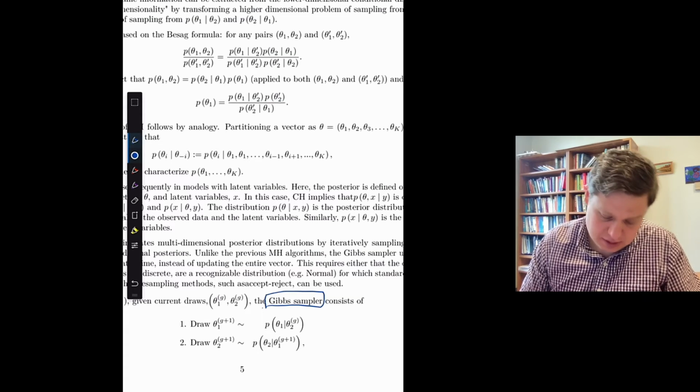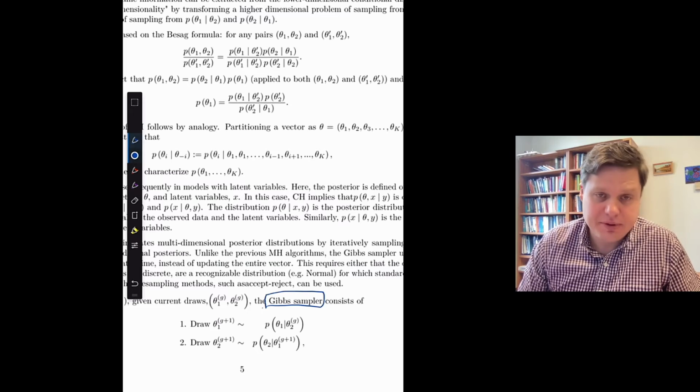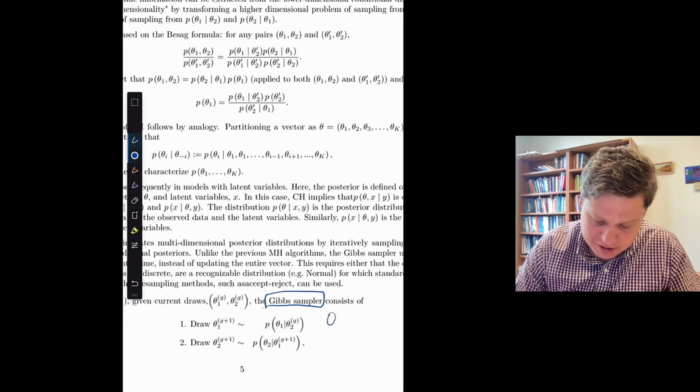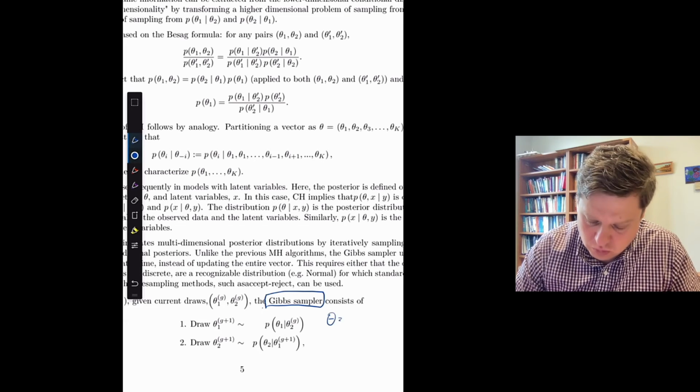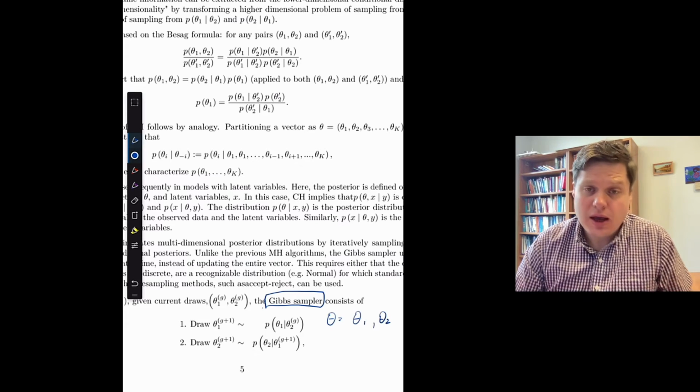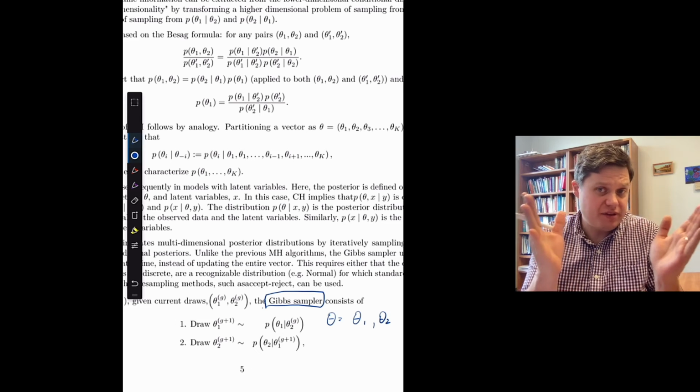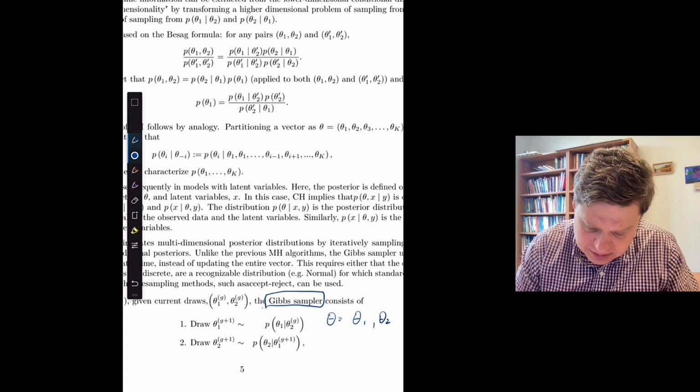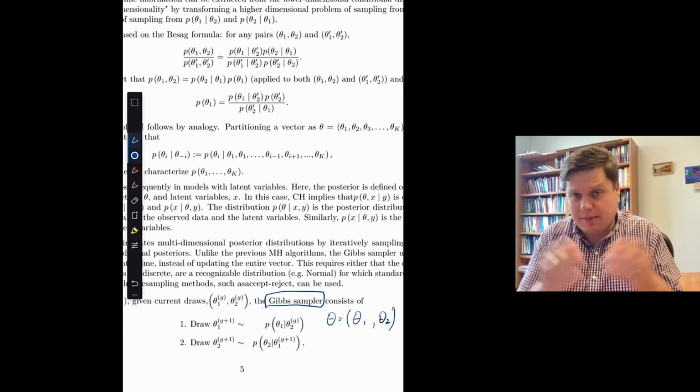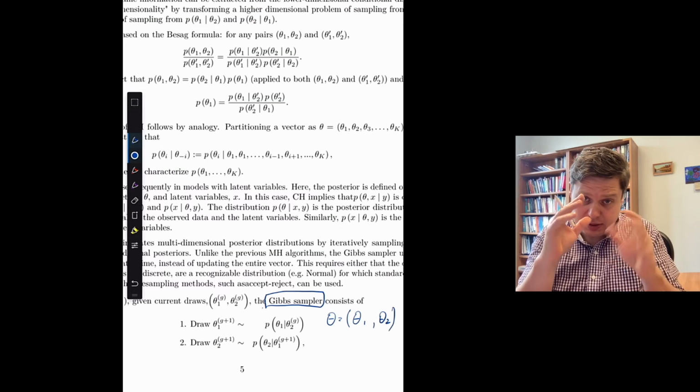Another modification of Markov Chain Monte Carlo is what is called the Gibbs Sampler. For the Gibbs Sampler, we're going to consider a simple case when our parameter theta has just two parts, theta 1 and theta 2. Theta 1 and theta 2 can be blocks of variables, or it can be a single variable. It doesn't really matter, but we somehow split our variables into two parts.